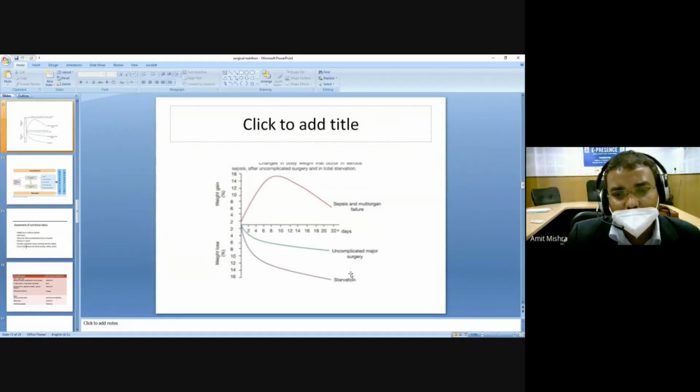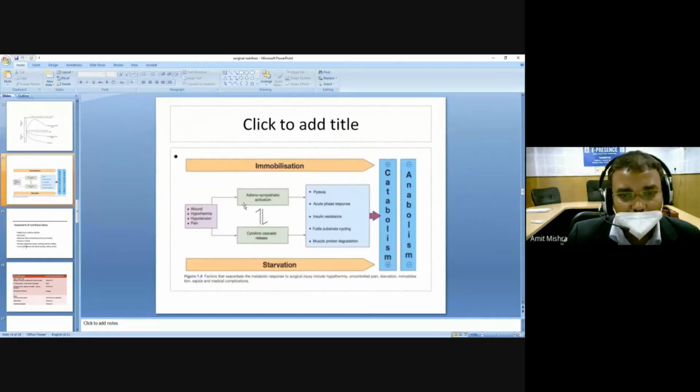But in uncomplicated major surgery, you certainly find loss of weight, equal to the period of starvation. It is a very interesting diagram.